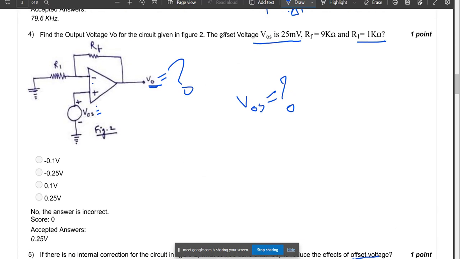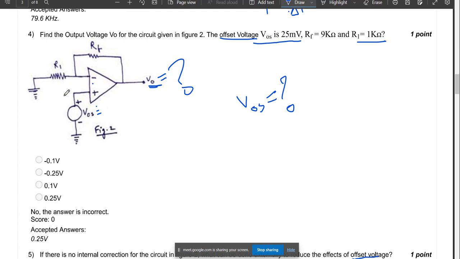Offset voltage is not a corrective measure to curb the problem, to avoid the problem which is there. This offset voltage shows that due to this voltage, there will be some output at the output port. Even if the input is 0, here we have grounded it, there will be output.